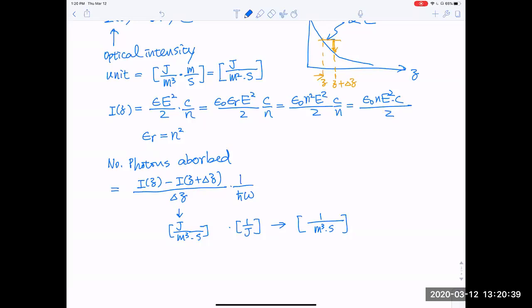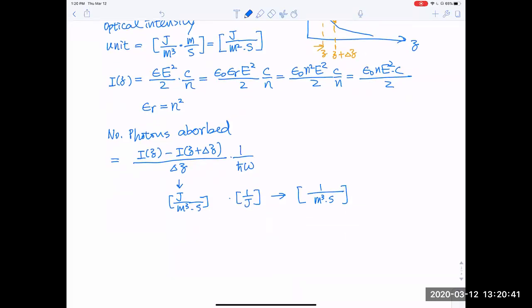And so we can estimate these easily. The numerator is basically di/dz times delta z, minus di/dz times delta z, divided by delta z. That's the first term.